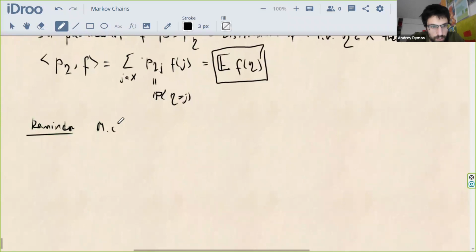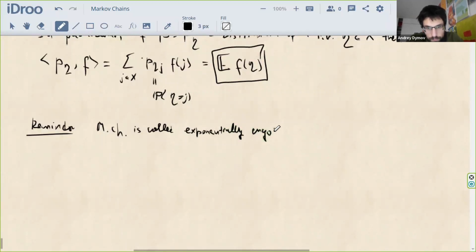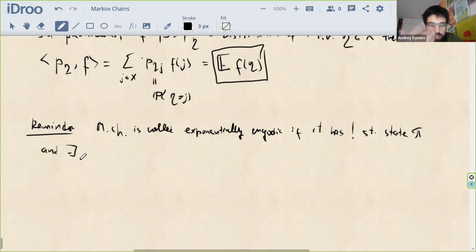A Markov chain is called exponentially ergodic if it has a unique stationary distribution pi, and the convergence to the stationary distribution is exponential.